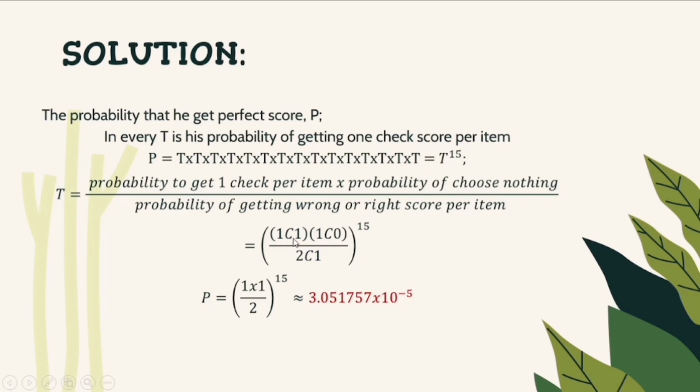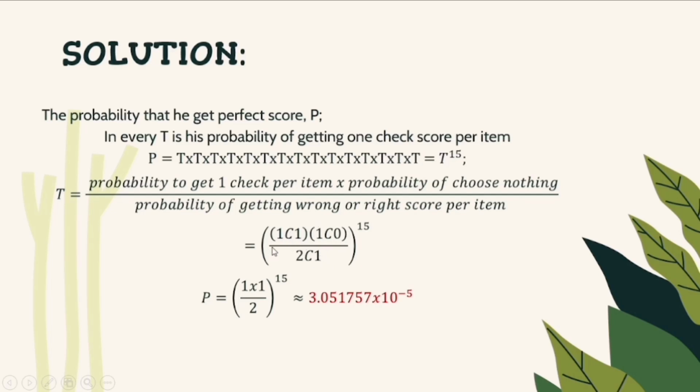So this is the formula, T, to the power of 15. The 2 combination of 1 represents that you can only choose between 2 choices, true or false, one at a time, so he can randomly choose either true or false.